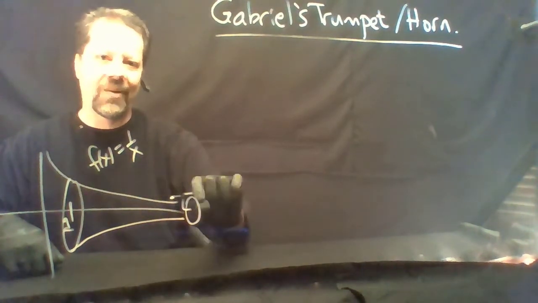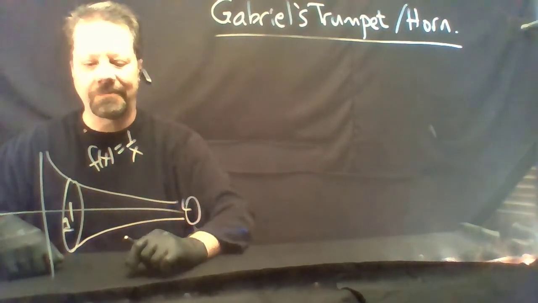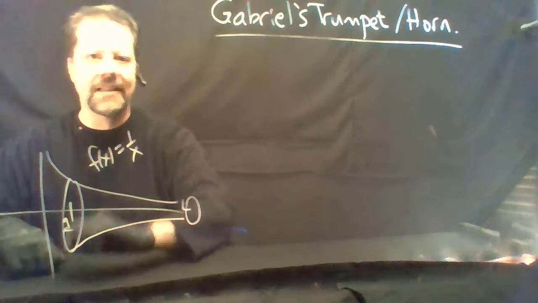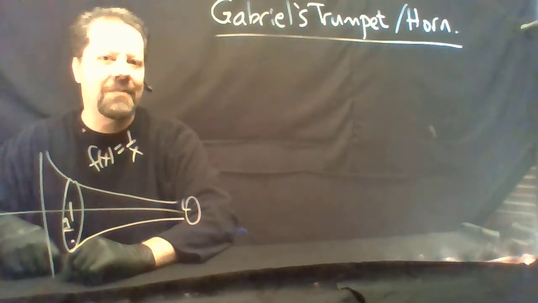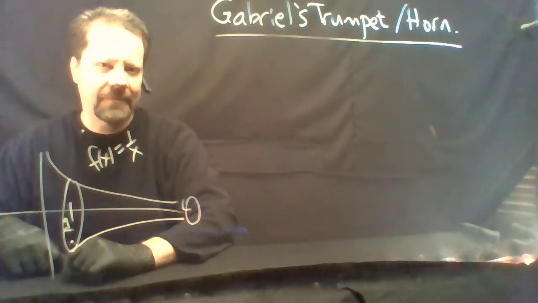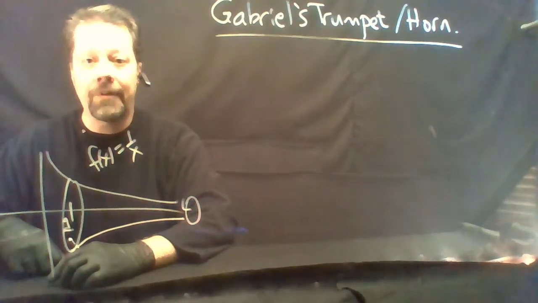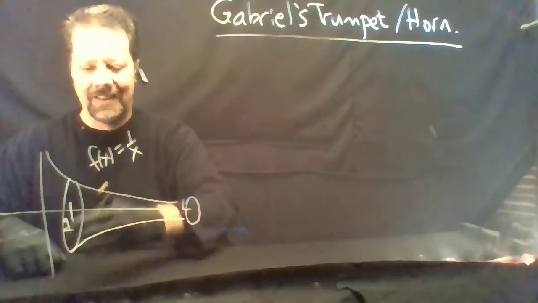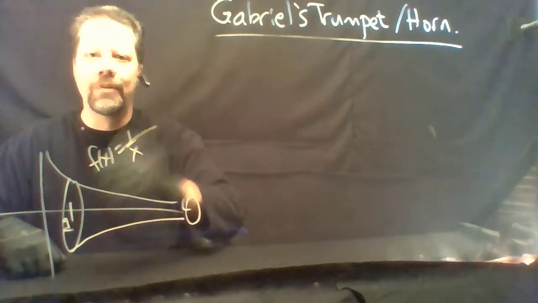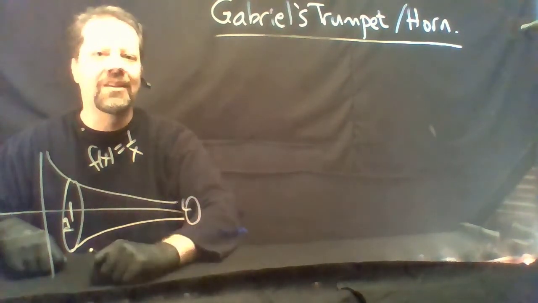We will get a horn-shaped object. And here's the idea. Suppose there's a mischievous cherub who wishes to pack Gabriel's trumpet full of gold. How much volume of gold? What is the volume of gold required?